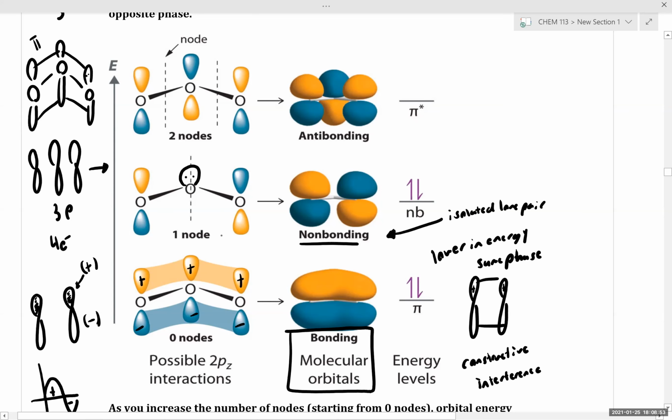So it's neither bonding nor antibonding, and the electron density located on this central oxygen is instead held in a non-bonding orbital. It is not participating in bonding. Typically, when you fill the non-bonding molecular orbital in that structure, you will see an isolated lone pair. Does everyone see how the lone pair on this central oxygen is neither bonding nor antibonding? It's isolated.